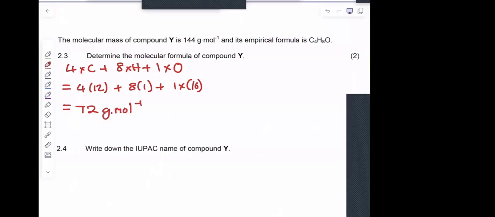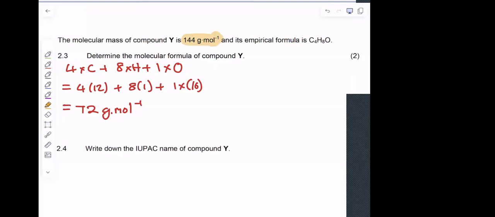But we were told that the molecular mass of compound Y is 144 grams per mole, which means the molecular formula is twice as much as the empirical formula. That means we need to just multiply all the numbers in our empirical formula by 2, right?